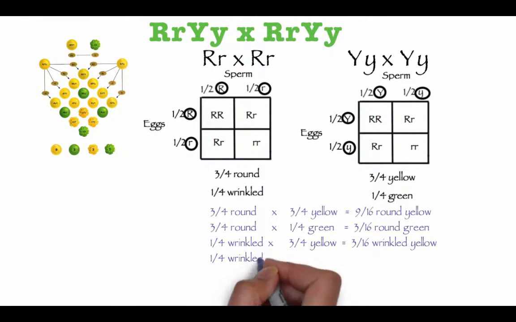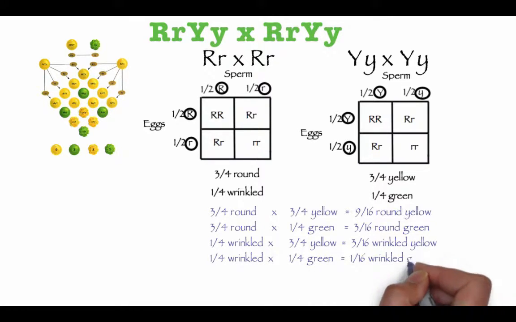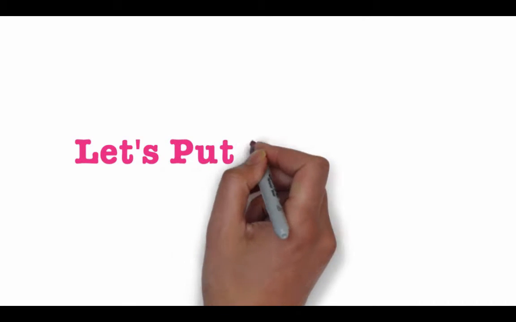And finally, 1/4 wrinkled times 1/4 green is 1/16 wrinkled and green. Combine these, and boom, there's your 9-3-3-1 ratio.